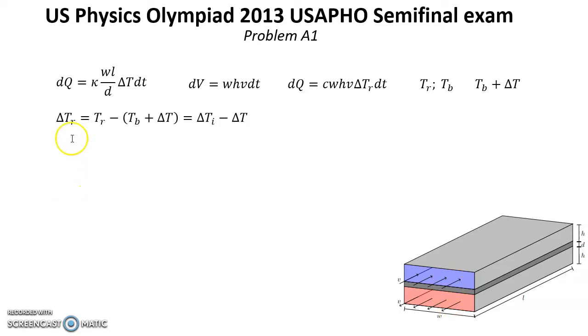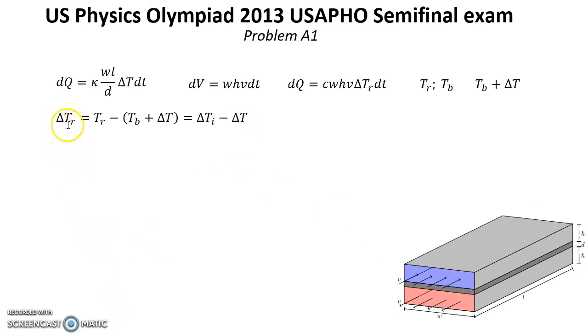So the overall temperature drop for the red liquid equals TR minus this expression, and TR minus TB is our initial temperature difference between the red liquid going inside and the blue liquid going inside.